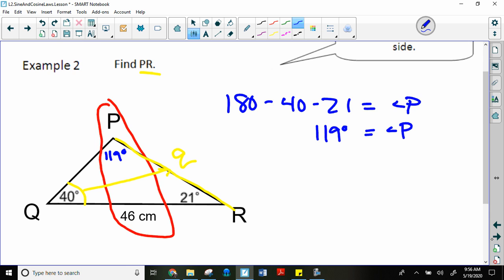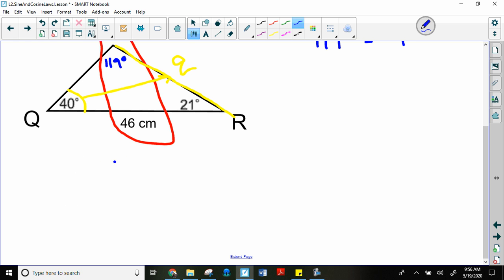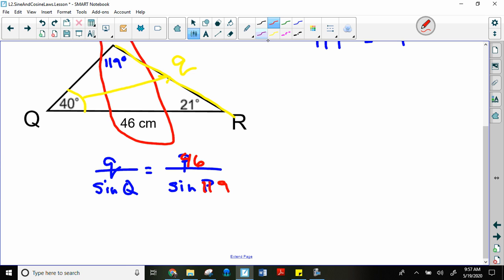So if we're trying to find a side, we're going to set this up as Q over sine of Q. I'm not even going to include the R this time because I know I'm not going to need it. And then it's going to be P over sine P. So we can replace this with 119, this with 46, and angle Q we can replace with 40.